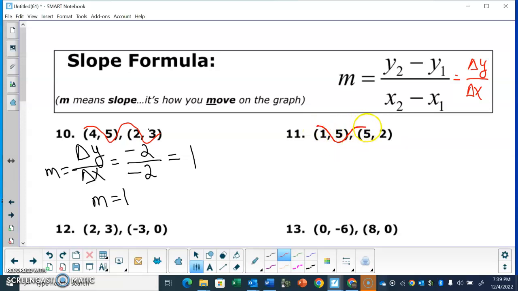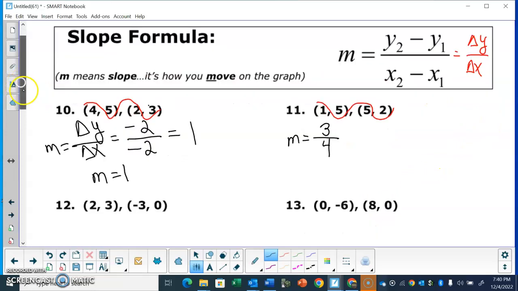Over, under, over, under. So my change in y, to go from 5 to 2, because they're above the line, is 3. My change to go from 1 to 5 is 4. I can't simplify this. So this is my slope. My slope is 3 over 4, or 3/4.